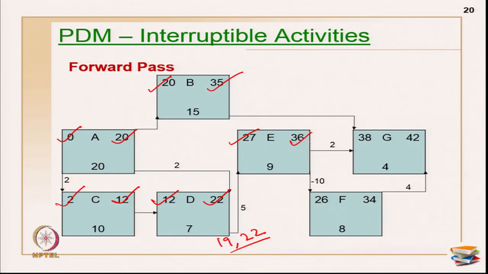Now, 36 plus 2 is 38, and this is 35, so the maximum is 38. So, this becomes 38. 36 minus 10 becomes 26, 26 plus 8 is 34, again 34 plus 4 is 38, 38 plus 4 is 42, the maximum is 42, and this becomes 42 now.